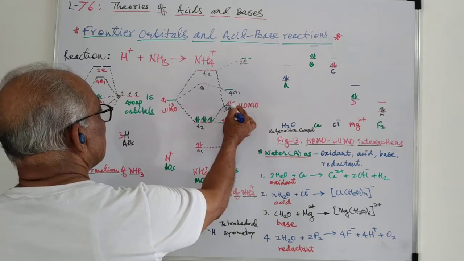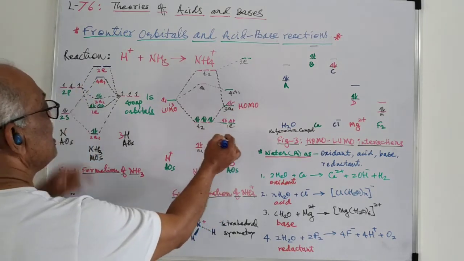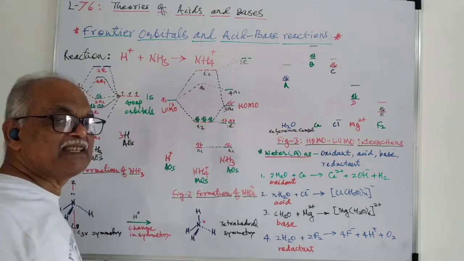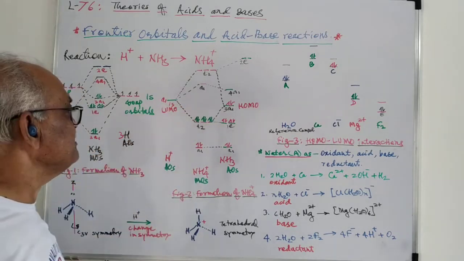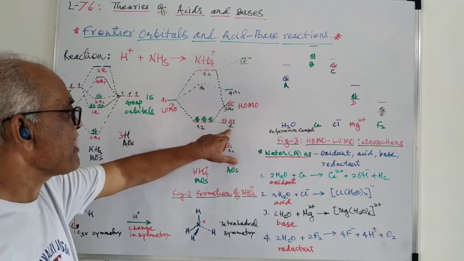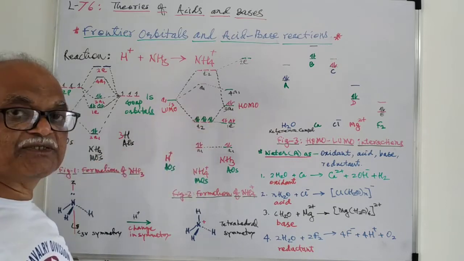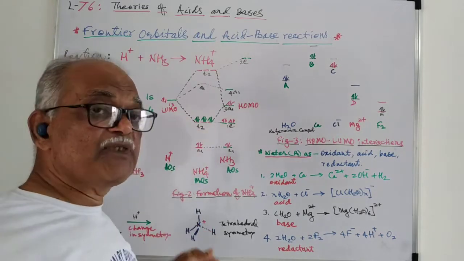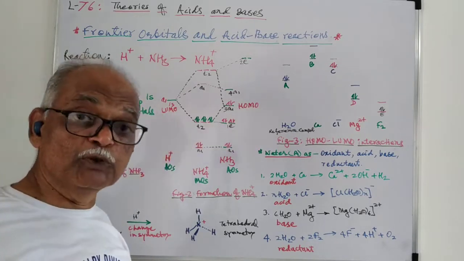The electron pair of this 3A1 symmetry and these 2 molecular orbitals of E symmetry come together at the same energy level. So this electron pair also moves here, and these 2 electron pairs also move into the tetrahedral symmetry orbitals. This is the interaction between HOMO and LUMO.